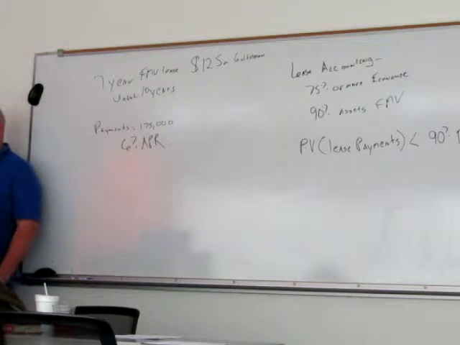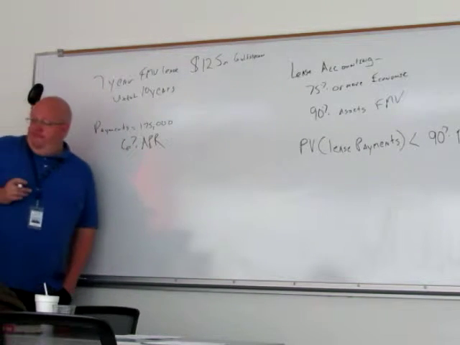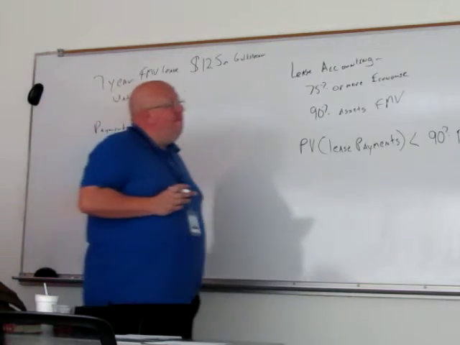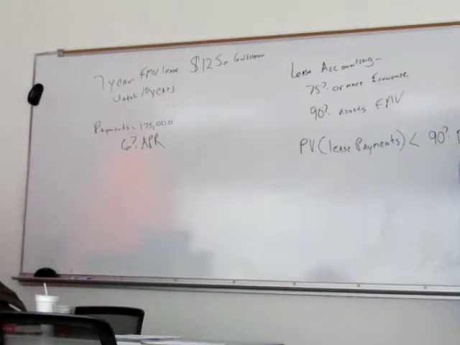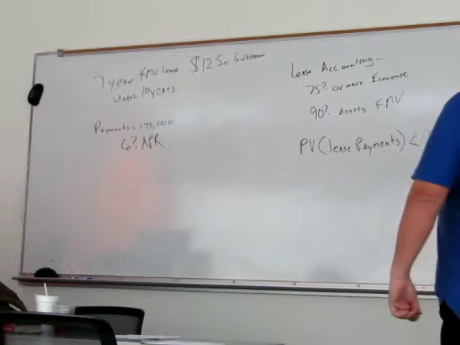Yeah, you can do that. Then how do we calculate that? We have to find the present value. We have no residual. So you're saying my present value of lease payments is 12.5?